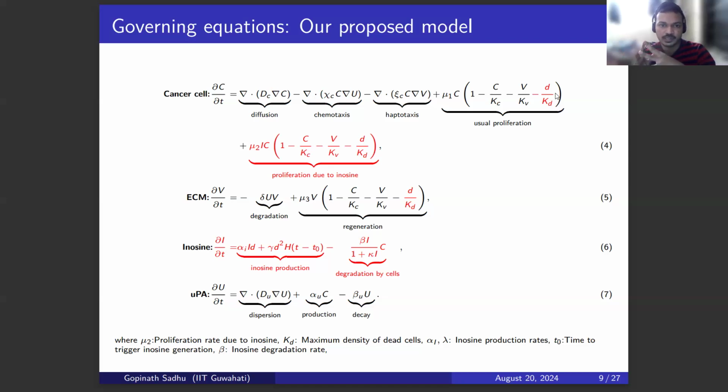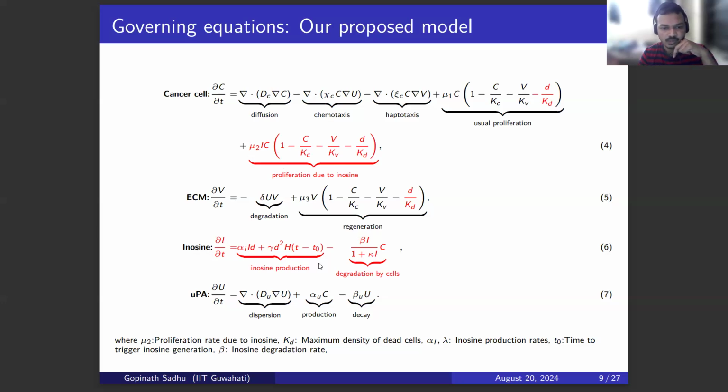We just consider that dead cells are present, and these dead cells occurred from the heat and radiation therapy. And if we look at the last term of equation 4, this is the proliferation due to the inosine. And a mass balance equation for inosine is given by equation 6.